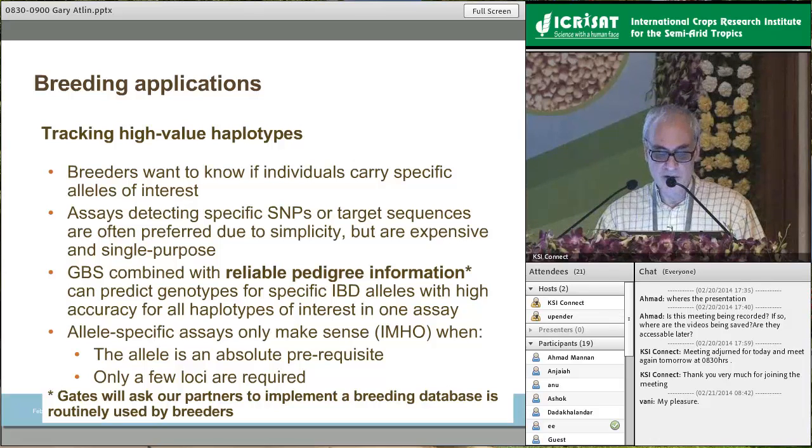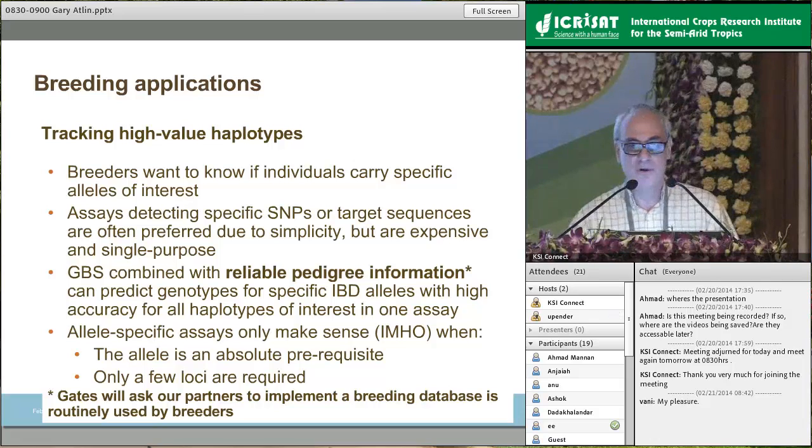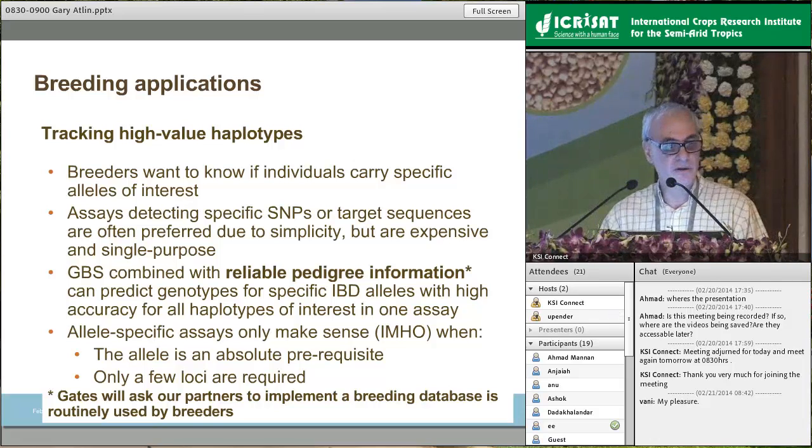For this to work, however, to use GBS to track identity by descent for the key alleles that you are interested in, you need to have very reliable pedigree information associated with that entity and the genotype.